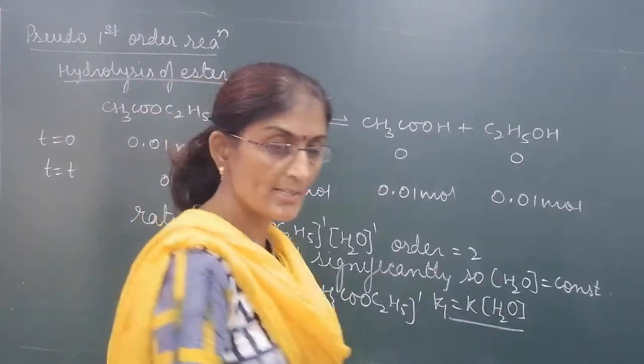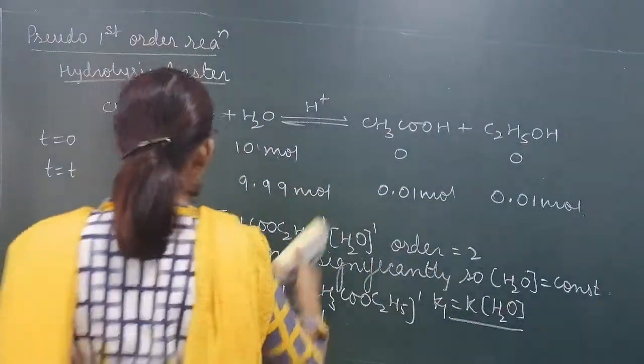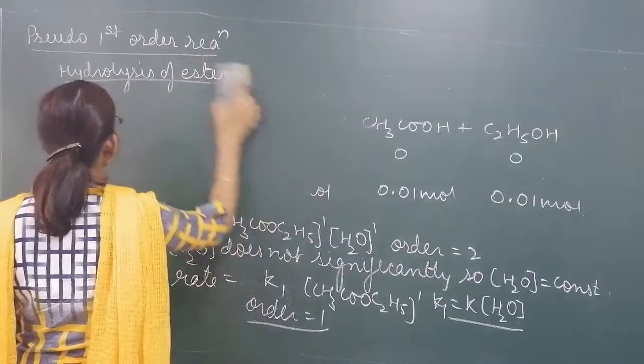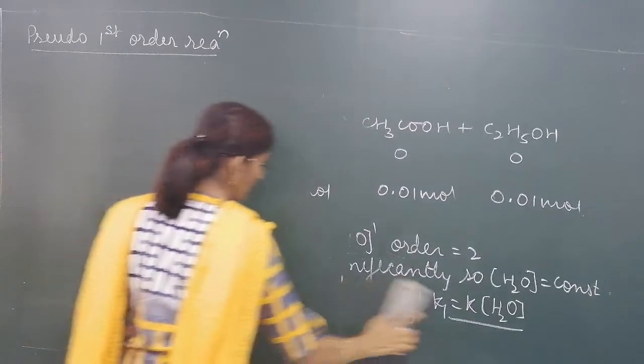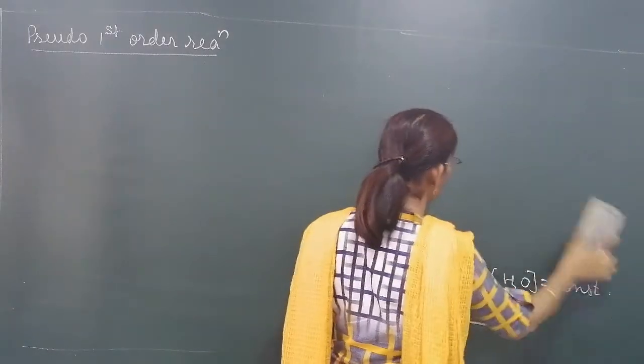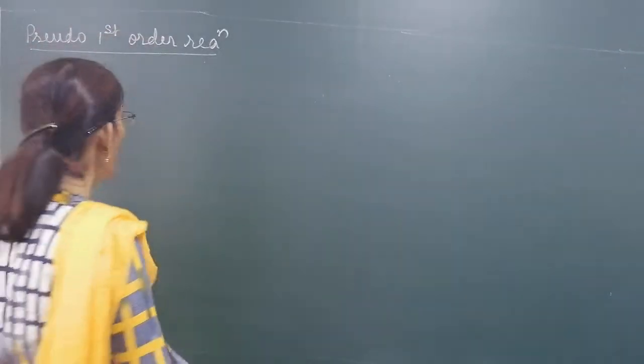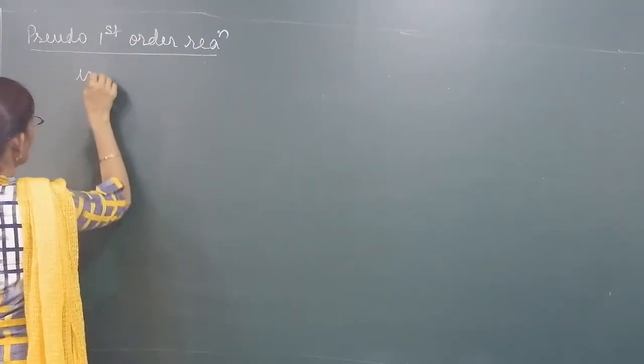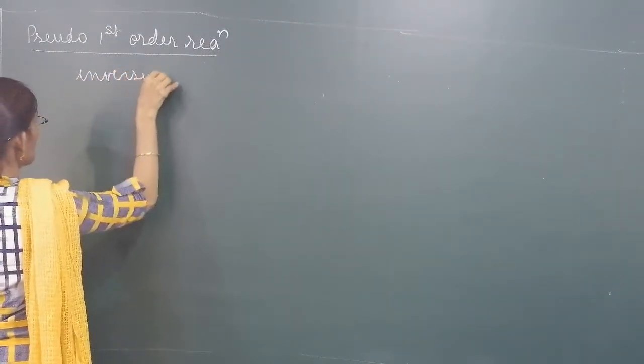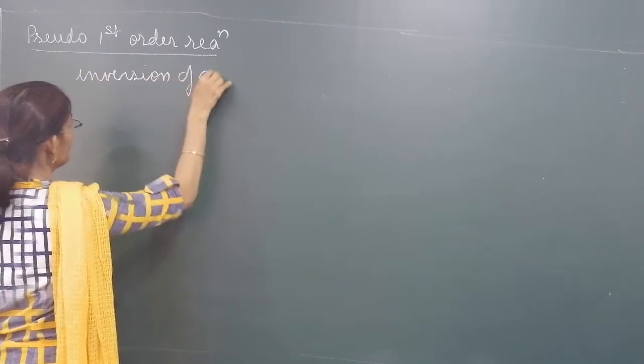Second example of this pseudo first order reaction is inversion of cane sugar. Why is it called inversion? That we will study in the biomolecules chapter.